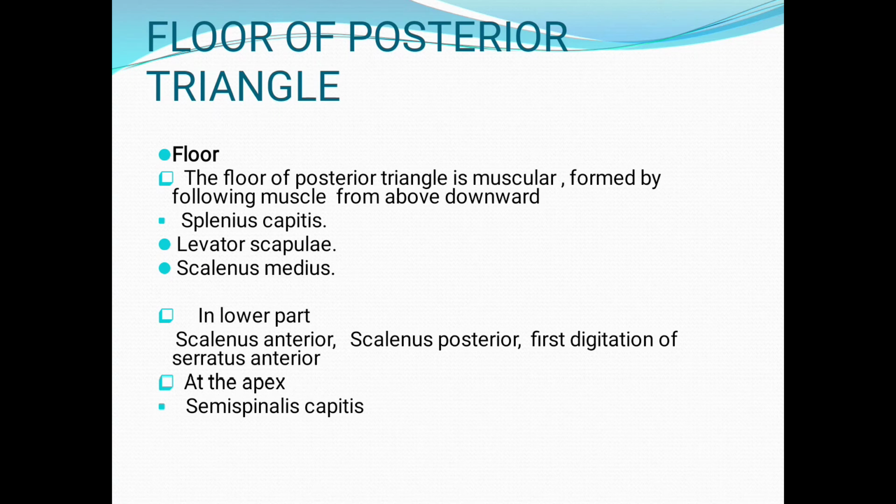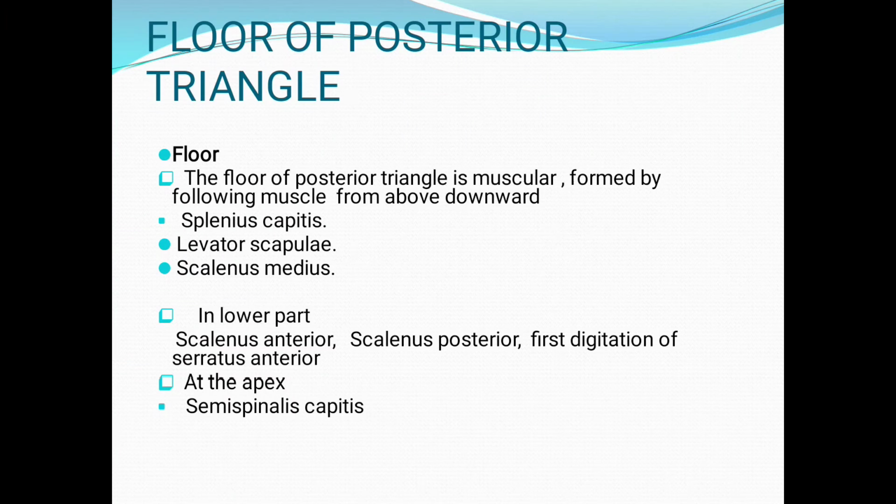Here you can see scalenus is divided into three parts: scalenus anterior, scalenus medius, scalenus posterior. These splenius capitis and scalenus muscles are the prevertebral or paravertebral muscles. Prevertebral means the muscles which are present in front of the vertebra, and paravertebral means around the vertebra.